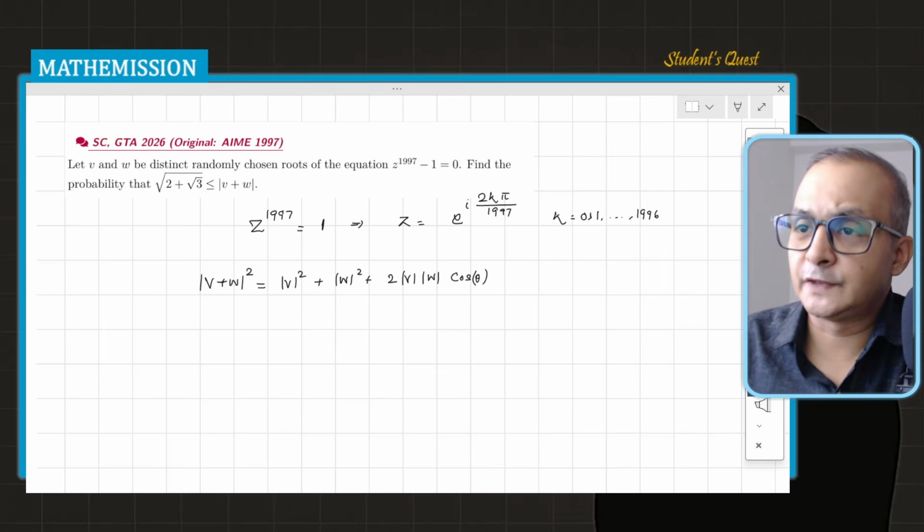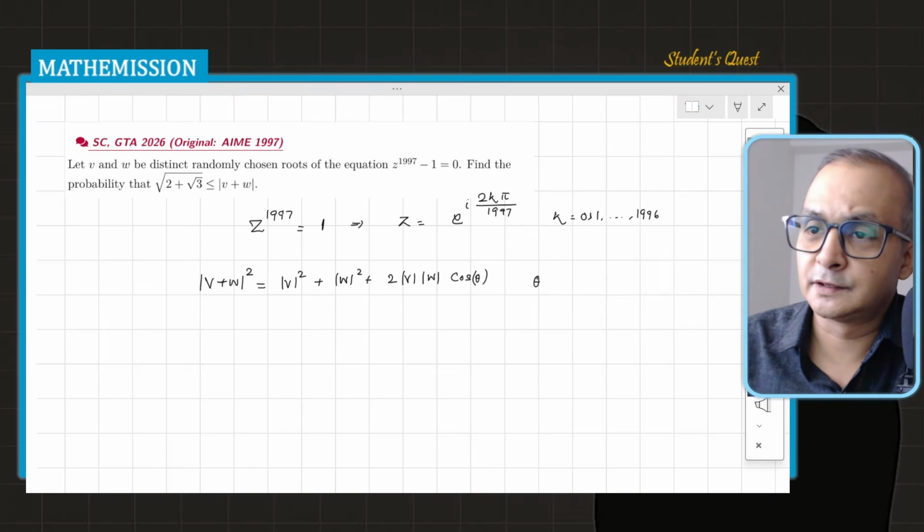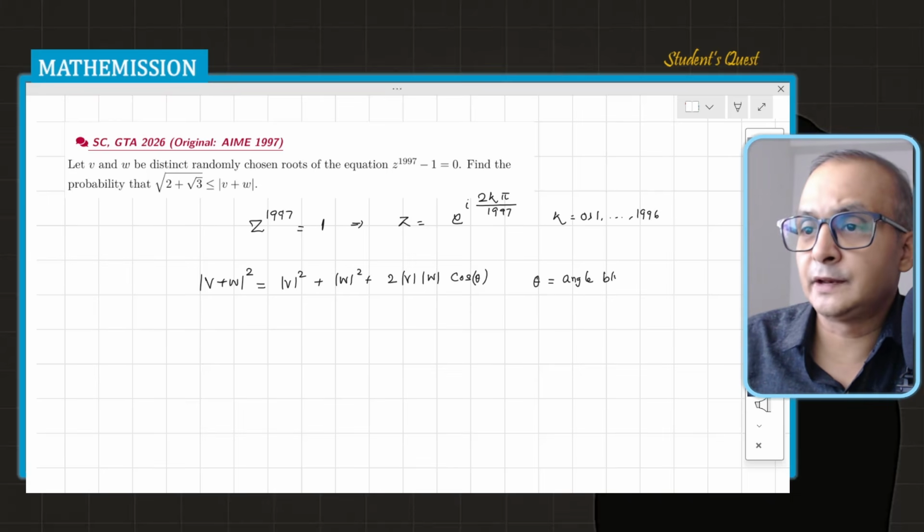And what is cosine of theta? What is theta by the way? Theta is the angle between the two vectors v and w.